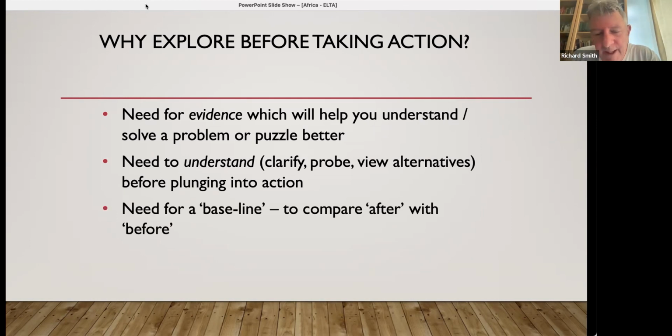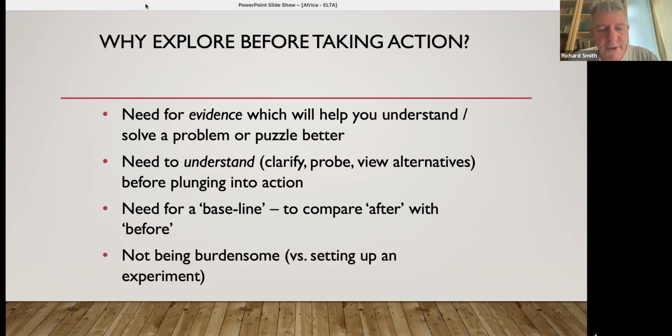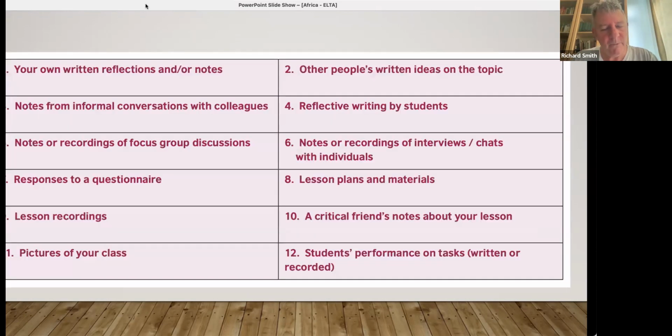You also need a baseline, something to compare what happens before and after. If you are going to do a new action, you need to find out what the situation is now. Also, I think it's not so burdensome to go gradually into exploring and then to plan some action research, a kind of experiment. So we think there are lots of reasons for exploring before action.